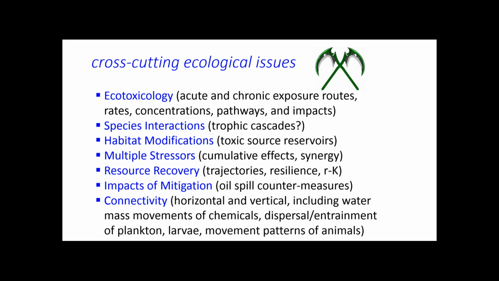Species interactions are very important in trying to understand the potential for trophic cascades. That is, by differentially impacting something that's in a trophic web, do we actually set off a cascade of other effects? And there's been a variety of modeling that's looked at that.